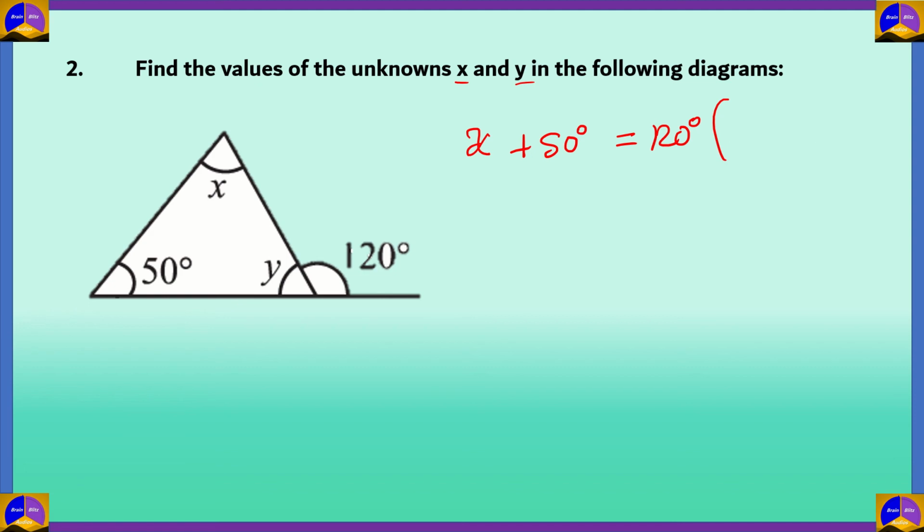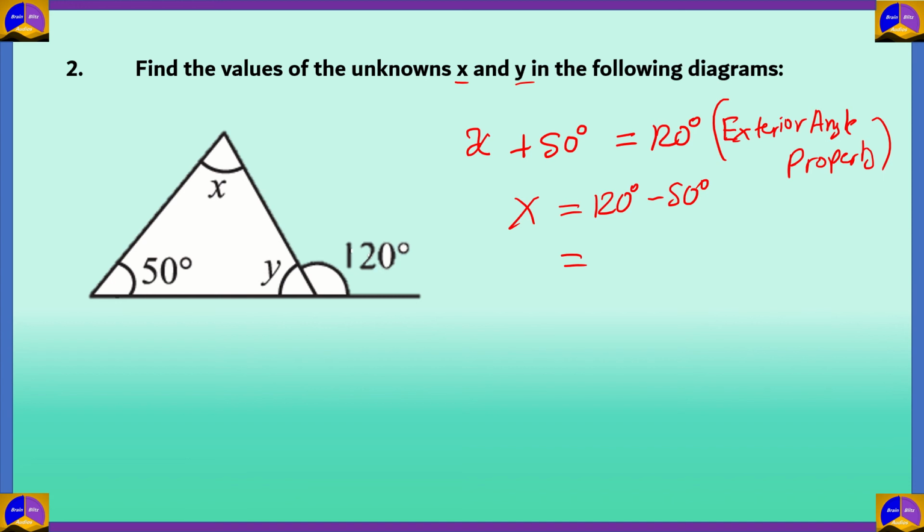So x plus 50 degrees is equal to 120 degrees. Exterior angle property, that's the reason. To find x, we take plus 50 to the other side. x would be equal to 120 degrees minus 50 degrees, which will be equal to 70 degrees. So x would be equal to 70 degrees.